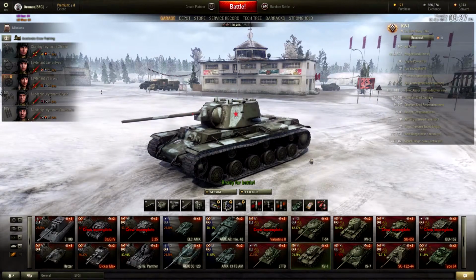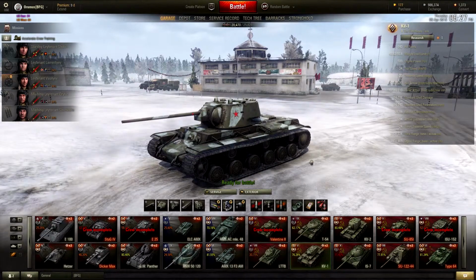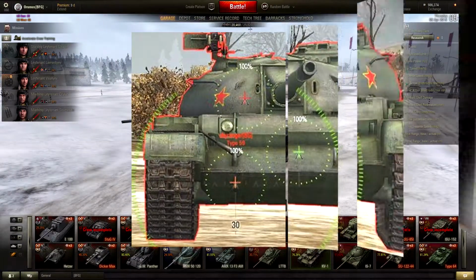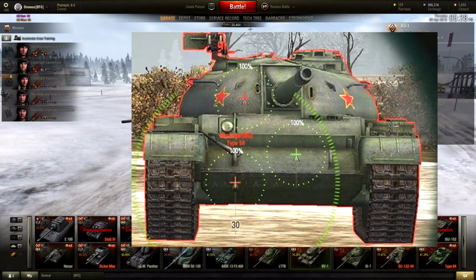A good thing to know in World of Tanks is that by default, when you aim at a tank, the cursor has three different indicators. The color of the aim reticle when you are aimed at a tank gives you a general idea about your chances of penetration.